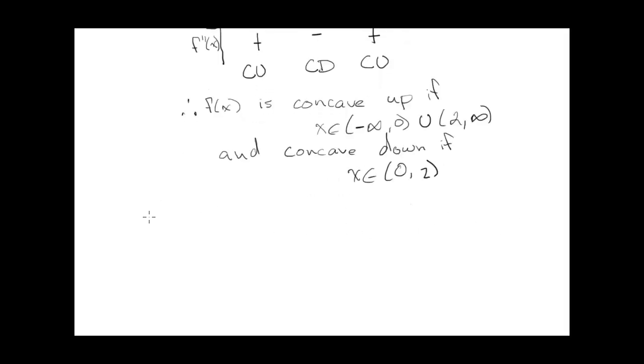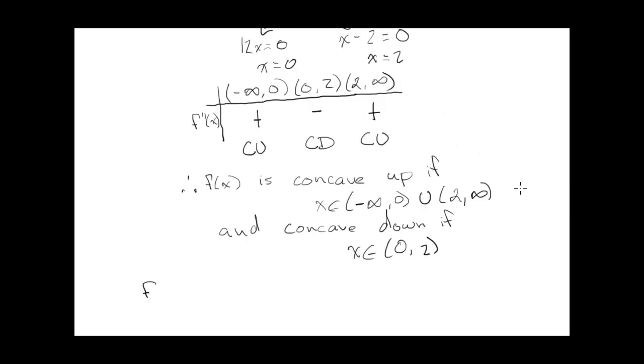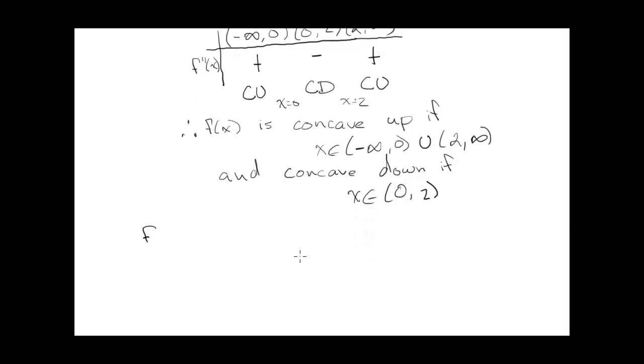And the points of inflection are going to occur at the points where you switch concavity. So that would be here at x equals 0, and then here at x equals 2. So we need to find the y values there. So f of 0, we already know that's equal to 0. That was an x-intercept. And f of 2, we're going to have to evaluate the function.